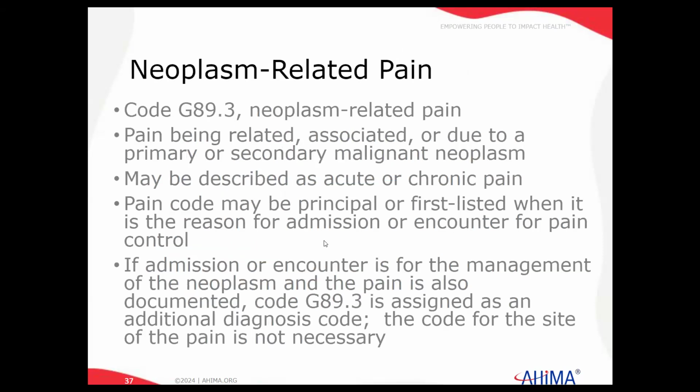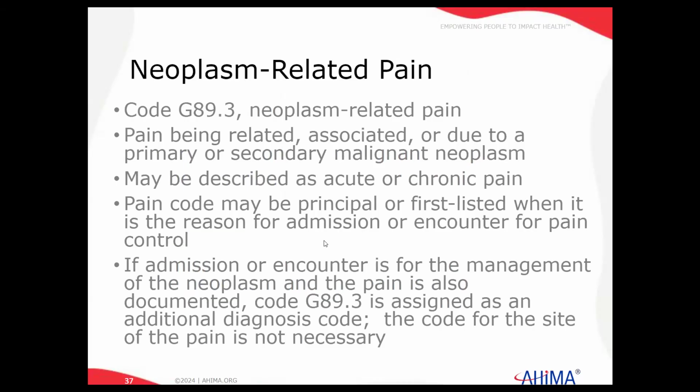Another thing we want to make sure we pick up, if the documentation supports it, is neoplasm related pain. People who have metastatic disease, especially to the bones, will have neoplasm related pain and need treatment or admission for it. This is pain that's associated with having metastases. It could be either acute or chronic pain.